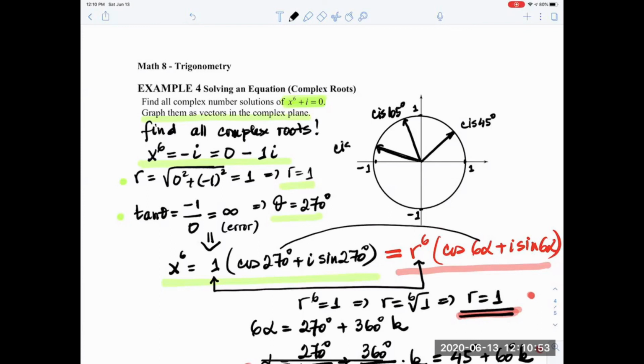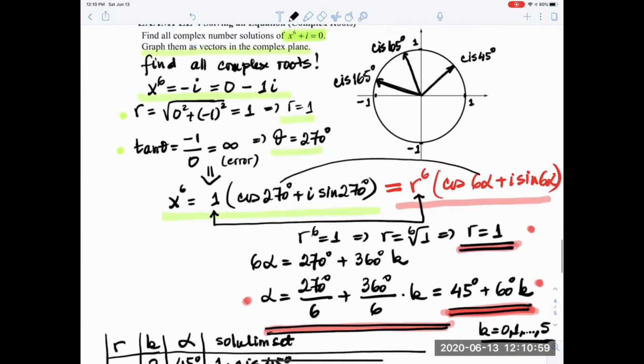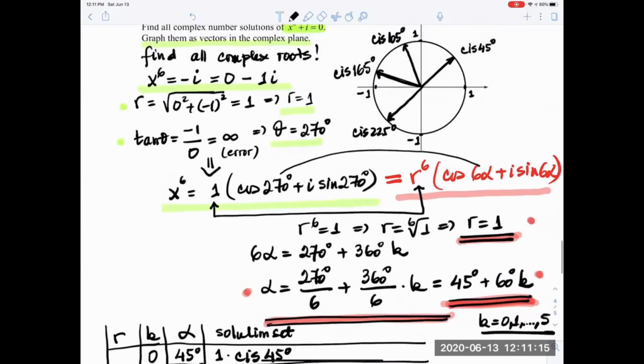So CIS 165. Next one, 225. Okay, so 225, it will be opposite of the other one. Let's try that again. So CIS 225. All right, and then we have 285, which is in Q4, somewhere here.